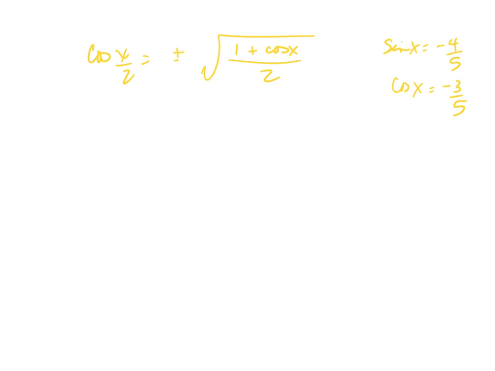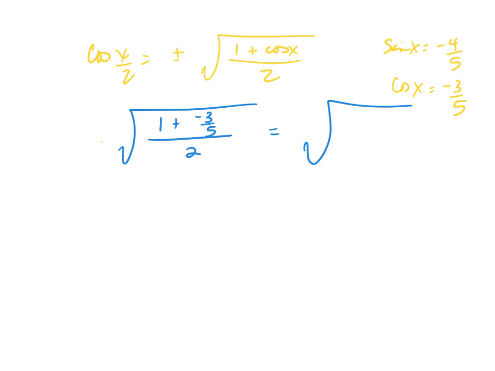So we're going to plug the numbers in. And we don't know if it's plus or minus. We're going to think about it in a minute. So I'm going to just leave the plus or minus off of it for now. And we're going to have the square root of 1 plus negative 3/5 over 2, which is the square root of 2/5 over 2, which is the square root of 2/10, which is the square root of 1/5.